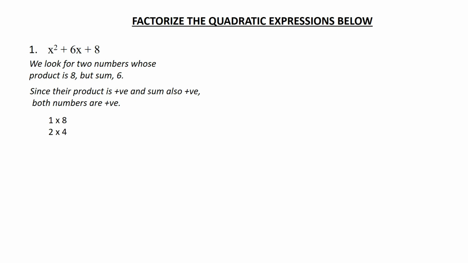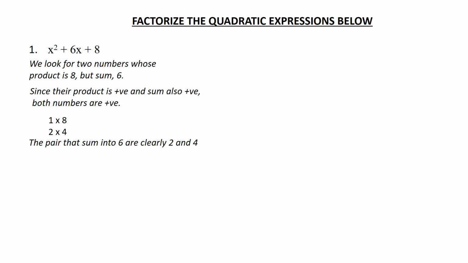Now, the next thing is we're going to break that middle term of 6x and rewrite it, this time using the two numbers that we've just found. Instead of writing 6, we write 2 and 4. Don't forget that we had used 6x, not just 6.